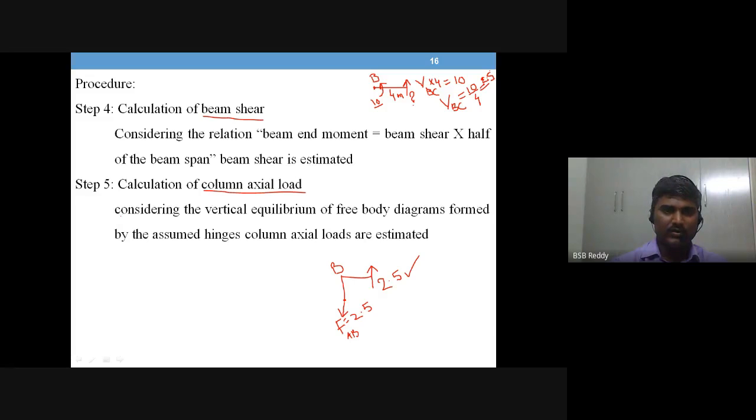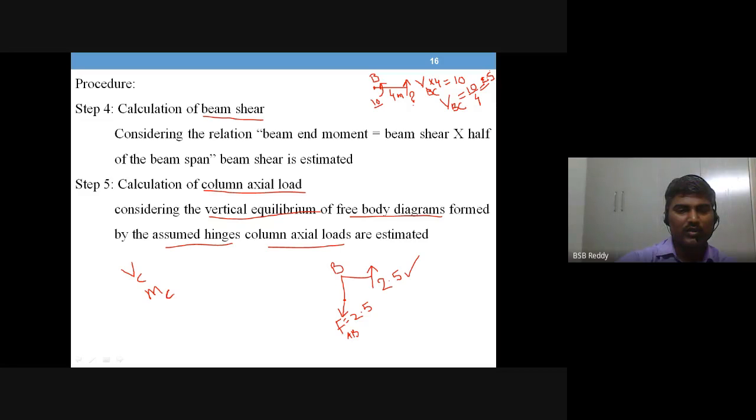Same here, it's written: considering vertical equilibrium of free body diagrams formed by assumed hinges will give you column axial loads. So if you list out what you have calculated: first, you have calculated column shear. Then you have calculated column end moments.